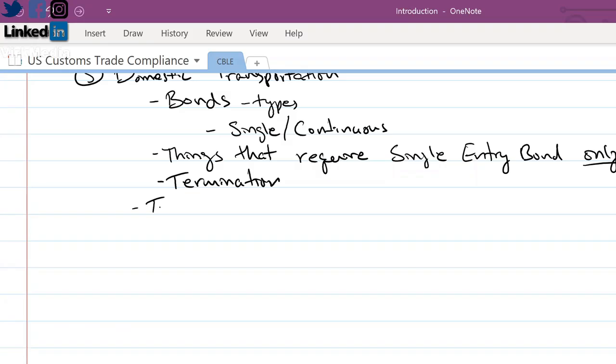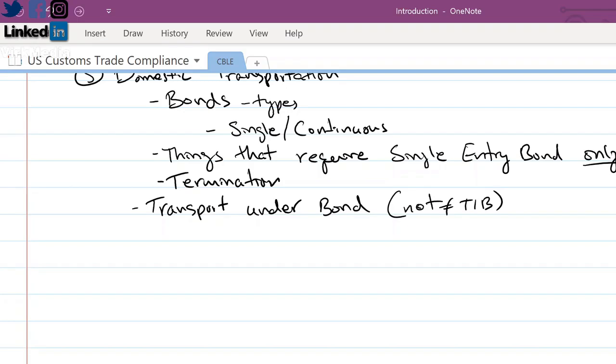We'll also talk about how to transport shipments under bond. This is not the same as transportation in bond or TIB entry.